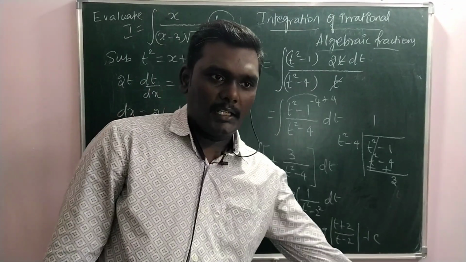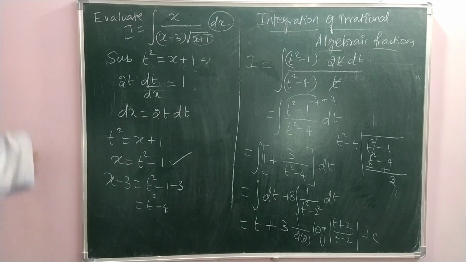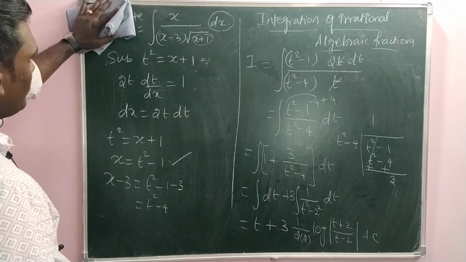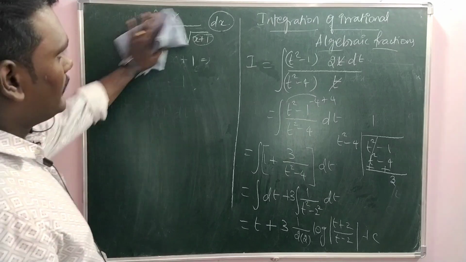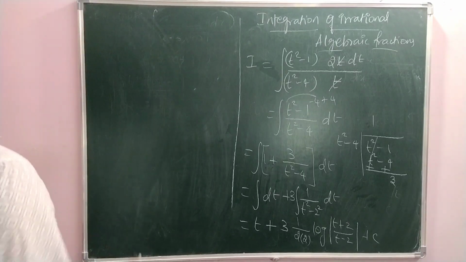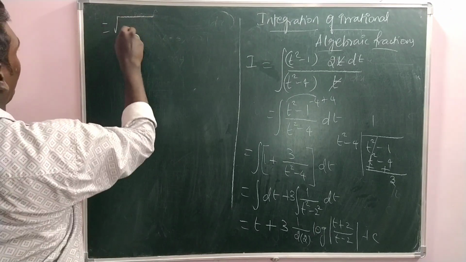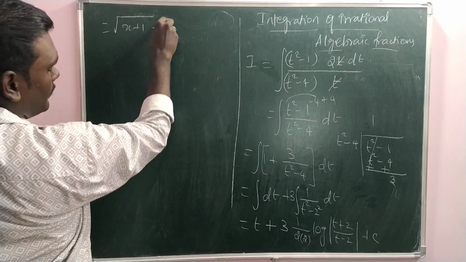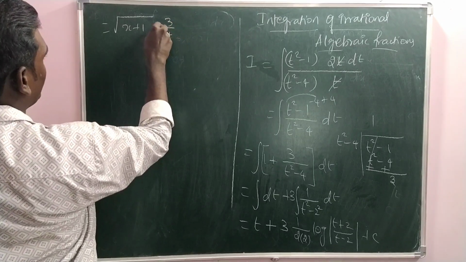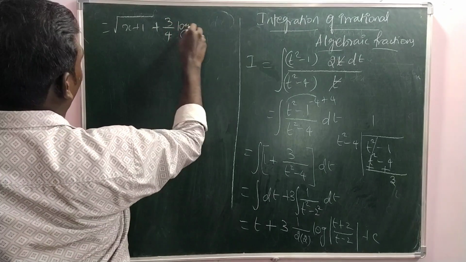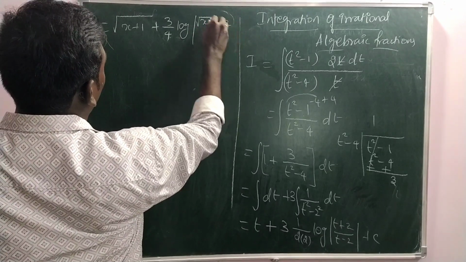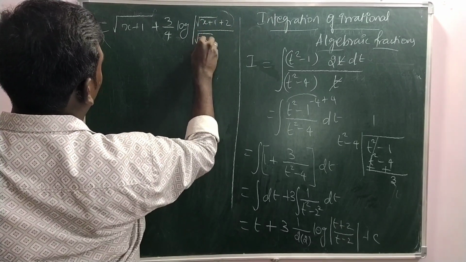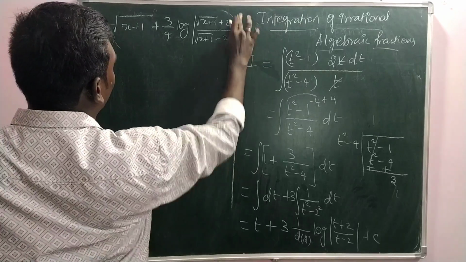And then what is our t? What we substituted is root of x plus 1, right? You have to substitute that over there. So we got root of x plus 1 plus 3 by 4 into log of root of x plus 1 plus 2 divided by root of x plus 1 minus 2 plus c.